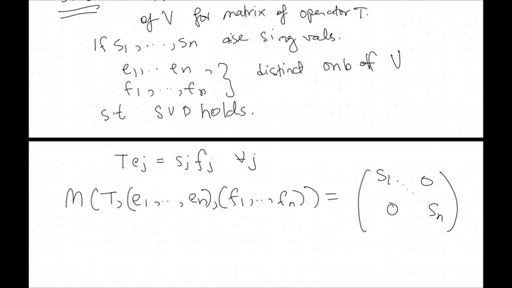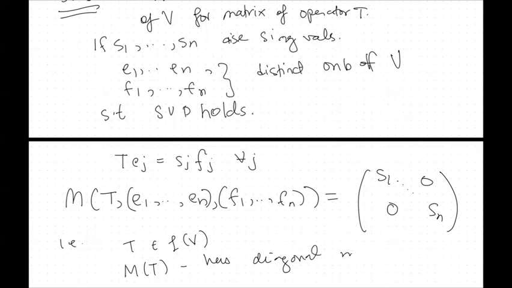In other words, for a linear operator T on V, we have M of T is a diagonal matrix with respect to some orthonormal bases, provided that we are permitted to use two different bases rather than a single one.